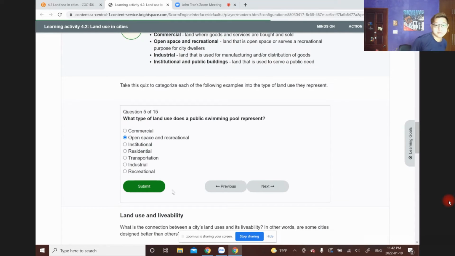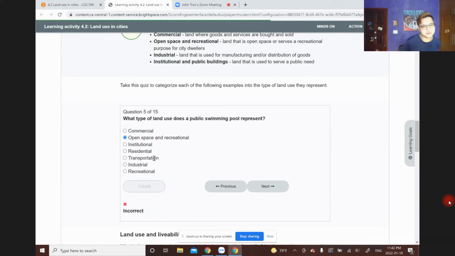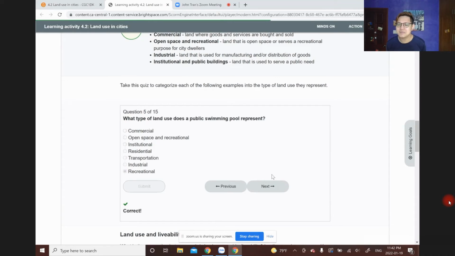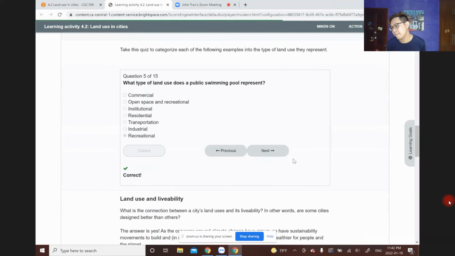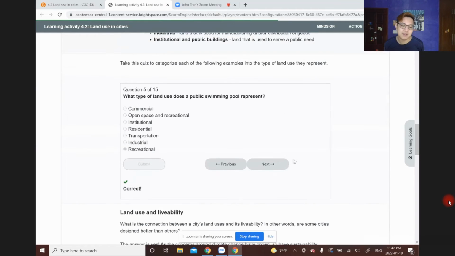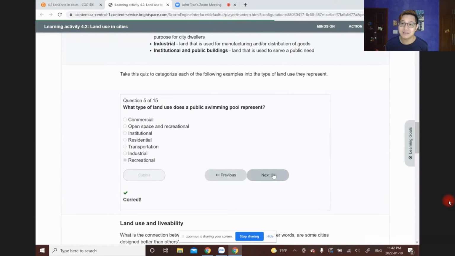Maybe recreational only. So it must be recreational then. But what do they mean by open space? Open space, I think, is a wide area, for example an open space theater, like an outdoor theater.